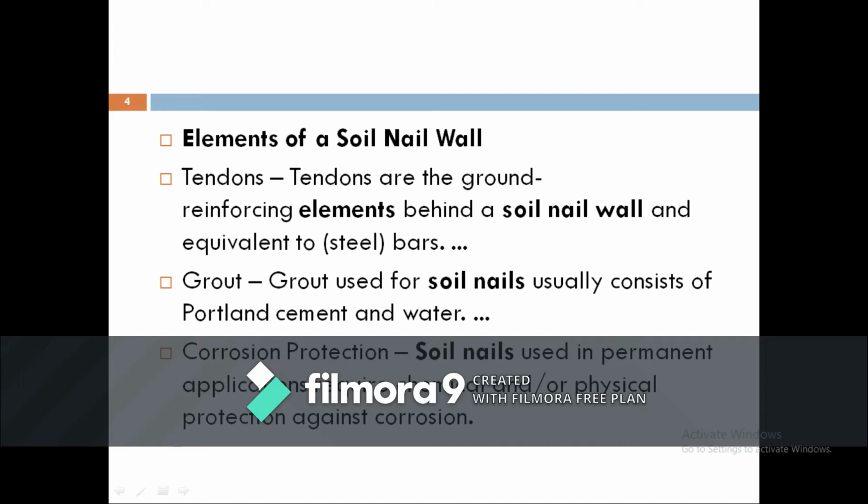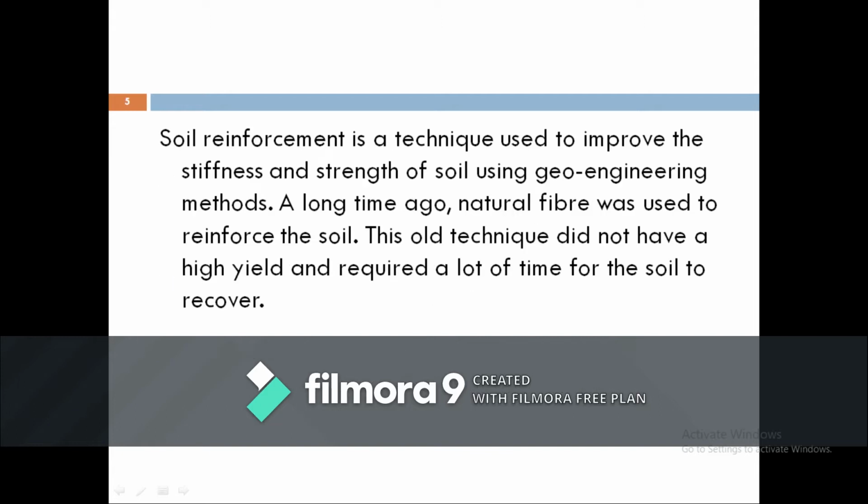You need to use a non-corrodable element, which doesn't have any chemical or physical contact that creates a chemical reaction between them. So such elements we will be using in our construction.